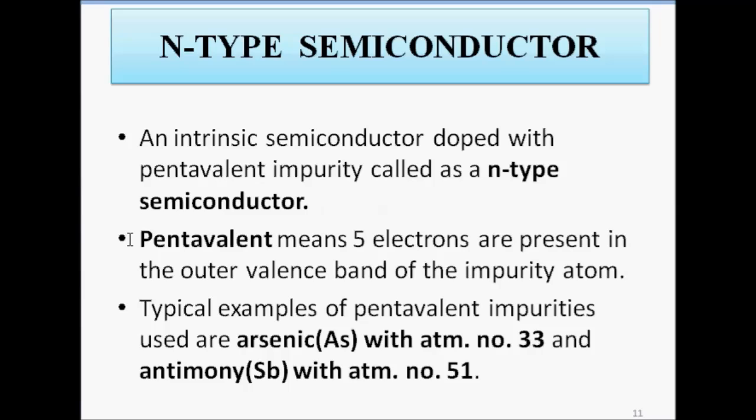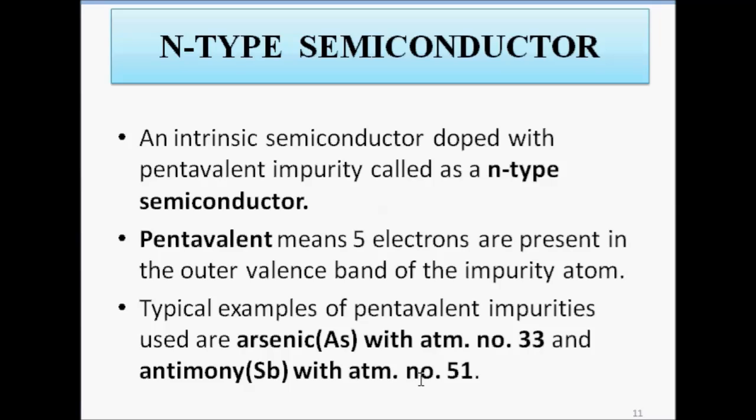So what is a pentavalent impurity? A pentavalent impurity means it has 5 electrons in its outer or valence band. Typical examples of pentavalent impurities are arsenic with atomic number 33 and antimony with atomic number 51.